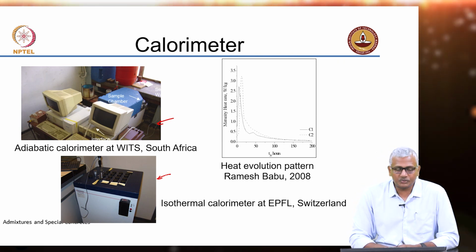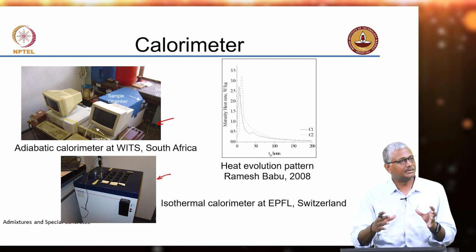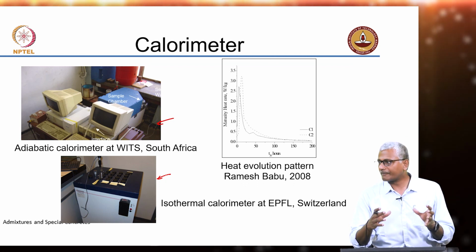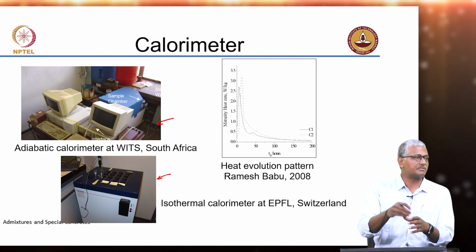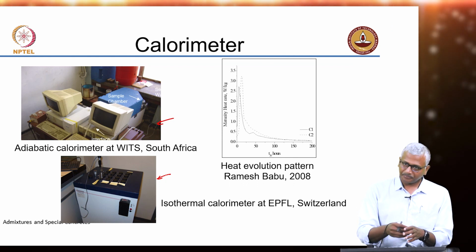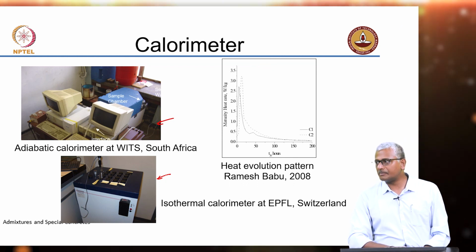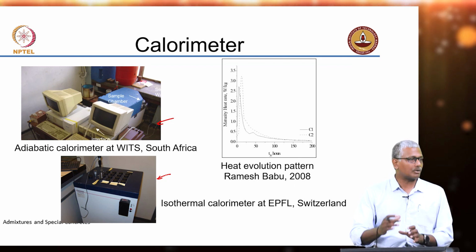So, that is what is done. Usually you have a sample in a sample chamber inside a large tank which is filled with water, and the water has a heater inside. You measure the cement concrete or cement paste temperature and heat up the water at the same rate as the cement temperature is rising. That way there is no heat exchange between the cement paste or concrete and the surroundings.